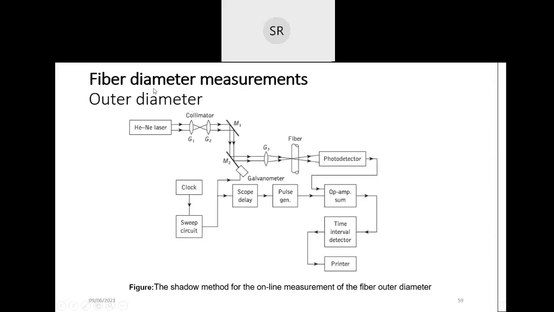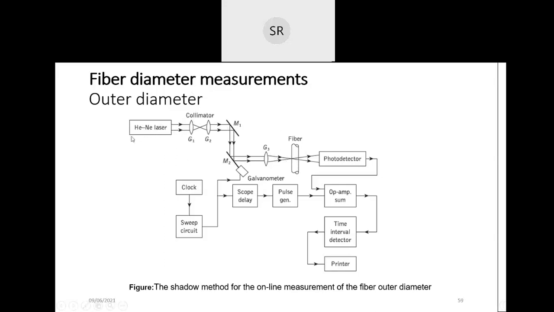Next is the fiber diameter measurement. Here we measure the outer diameter of a fiber, obtained by inserting the fiber between the light and a detector. The combination of mirrors and a fiber is used.